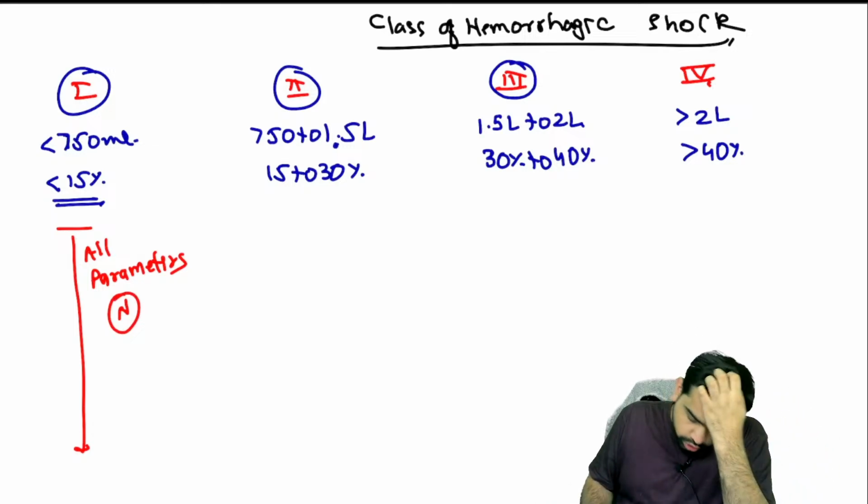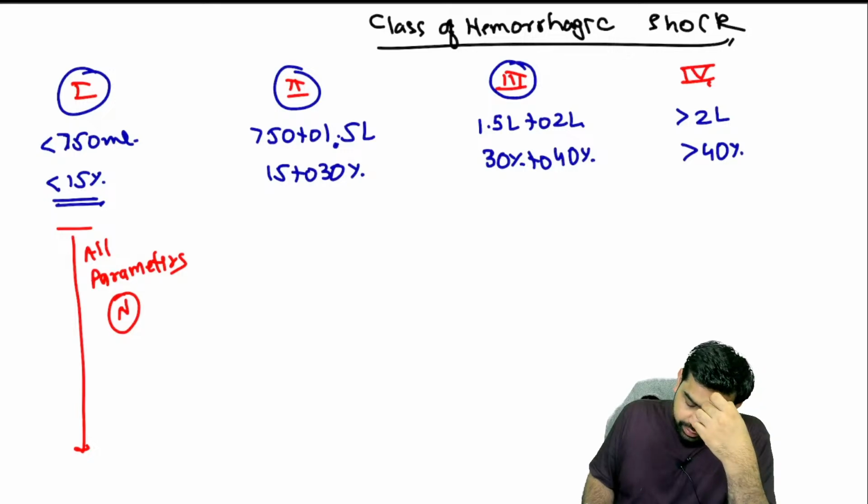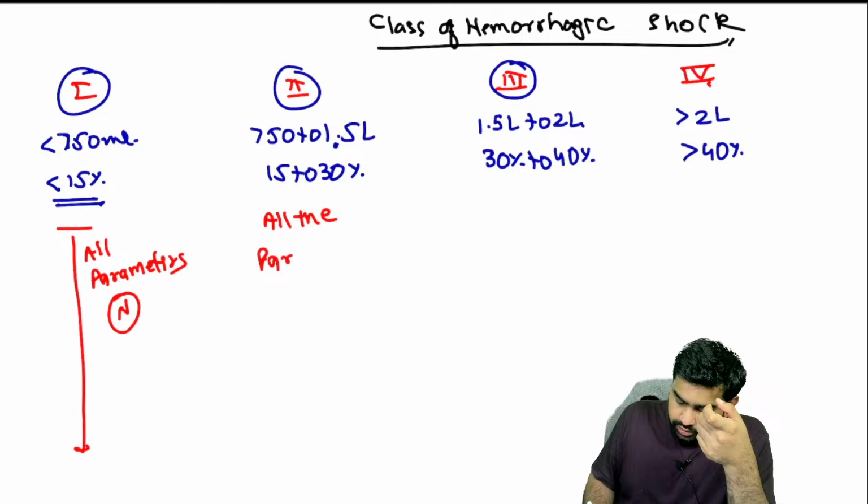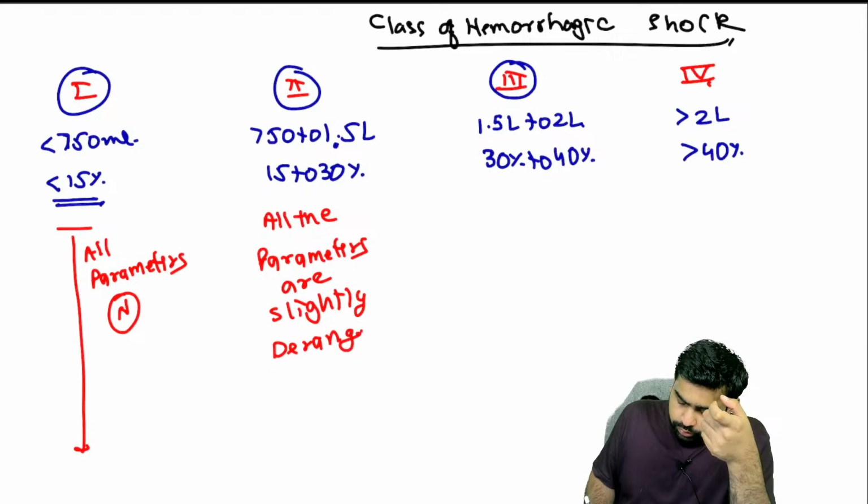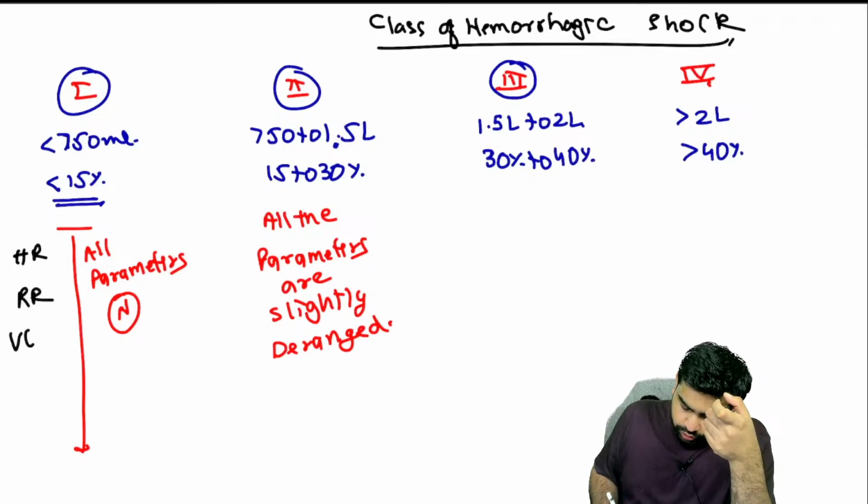In class 2 hemorrhagic shock, all the parameters are slightly deranged. What parameters am I talking about? Heart rate, respiratory rate, urine output, and systolic blood pressure.